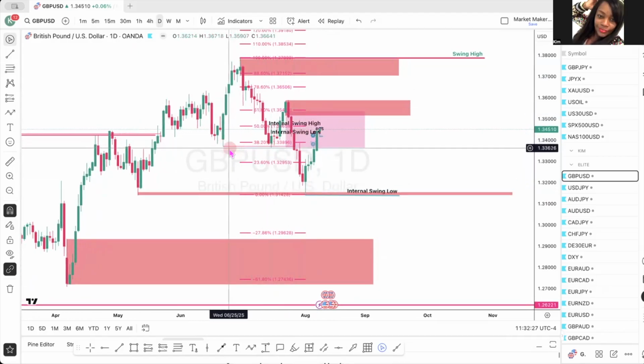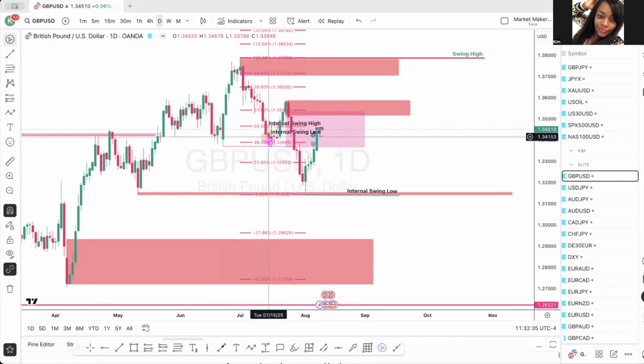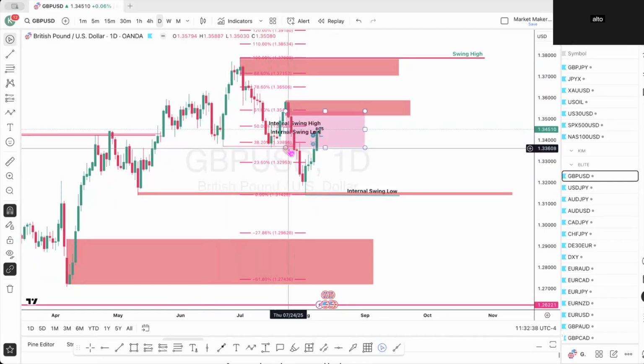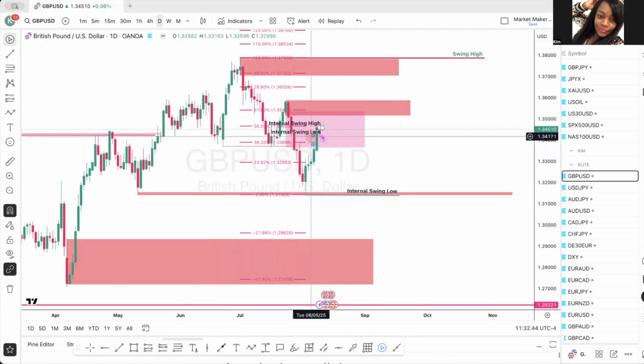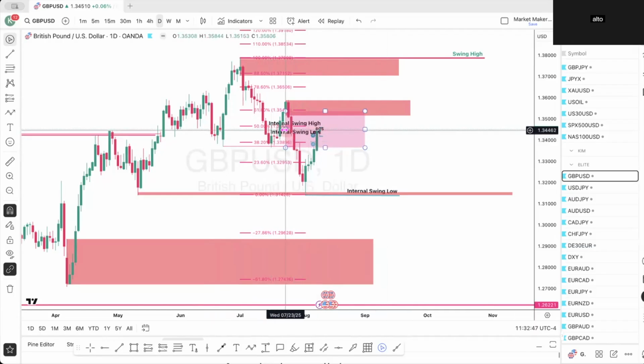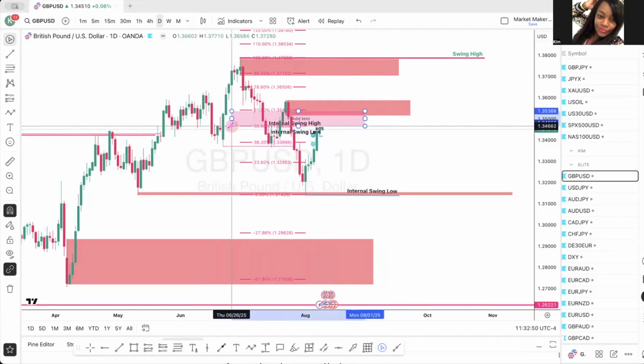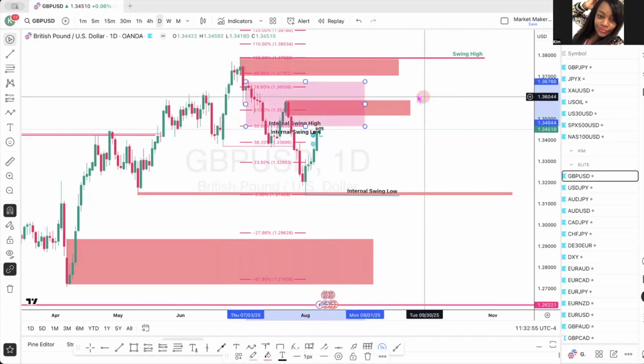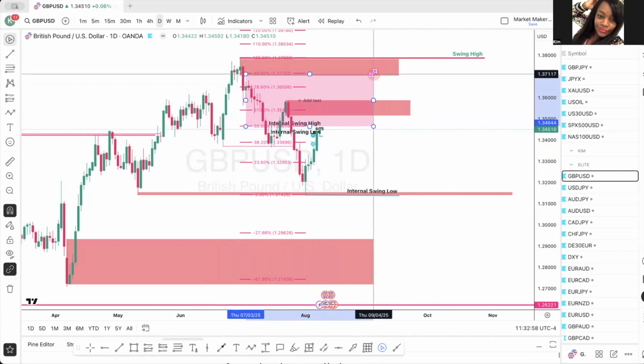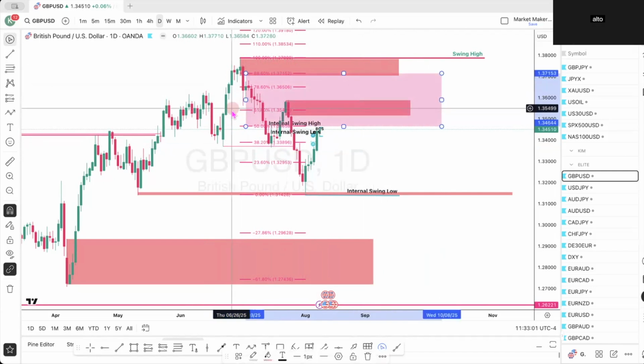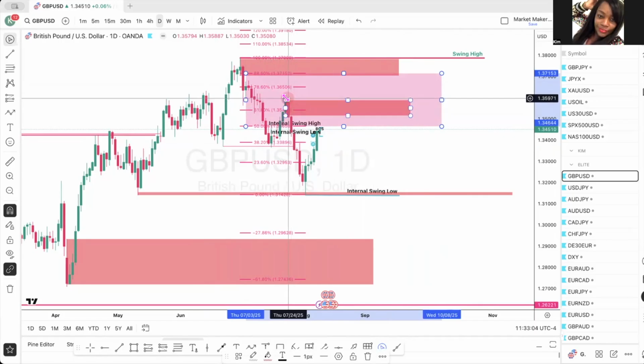Right here is a market structure shift for Todd. My market structure shift doesn't happen until this candle right here. So for me, this is really my premium zone. If price happened to break this high, yes, it is a shift in structure, but I would not be looking for buys.